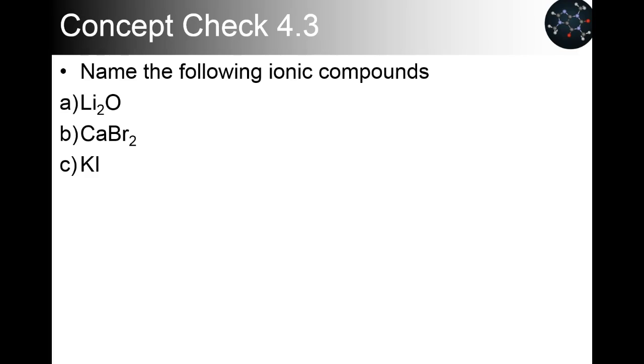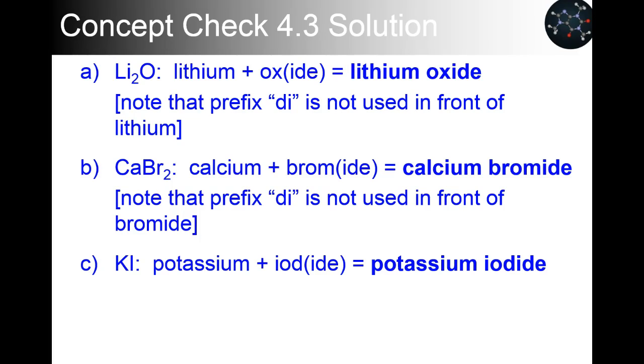So since it's attached to a metal, that would be calcium bromide. And letter C, K is for potassium, I is for iodine. So I add the IDE on the end of the iodine, and I get potassium iodide. So let's look at those answers and see, yes, we did get them all right. So good job. And since these are ionic compounds, we don't put the prefix di in front of it. That's only with covalent bonds.